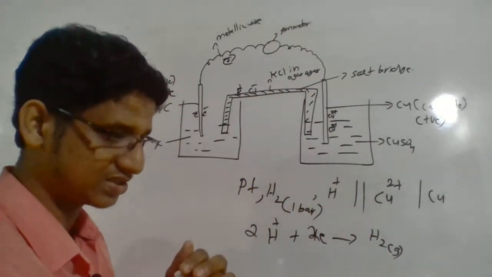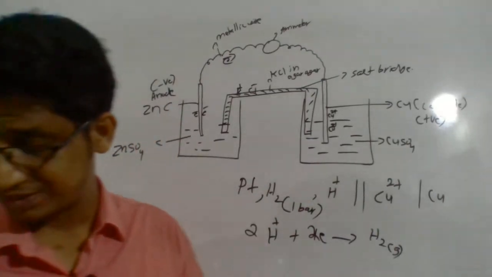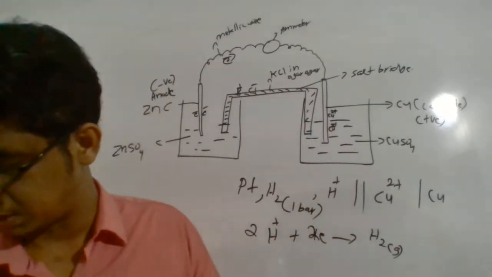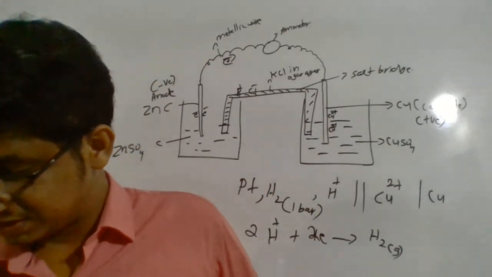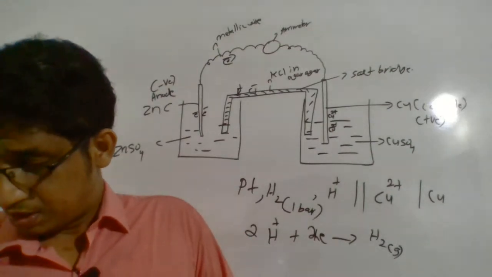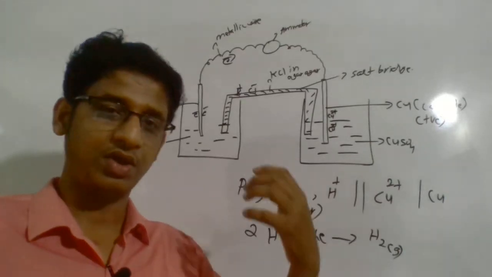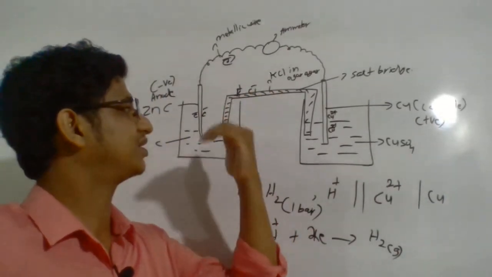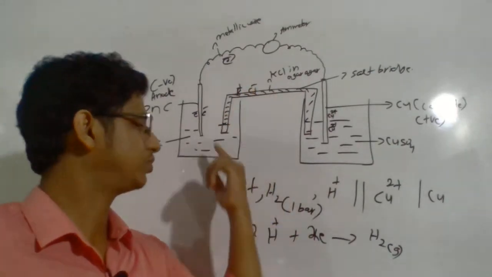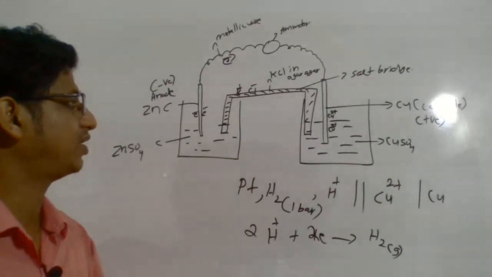So that's another function, where it prevents accumulation of charges in the two electrolyte solutions by the free movement of ions, from the electrolyte into the salt bridge, or from the salt bridge to the electrolyte as well.